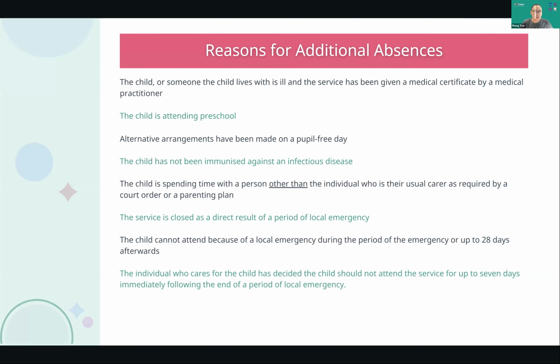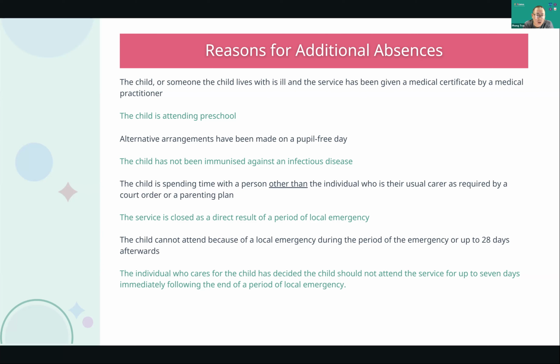Now, there are reasons for additional absences, and these are the 8 that we've got listed there. In terms of additional absence reasons, the rule of thumb here, guys, is to have evidence if you're going to try to claim CCS for any absences beyond 42 days.